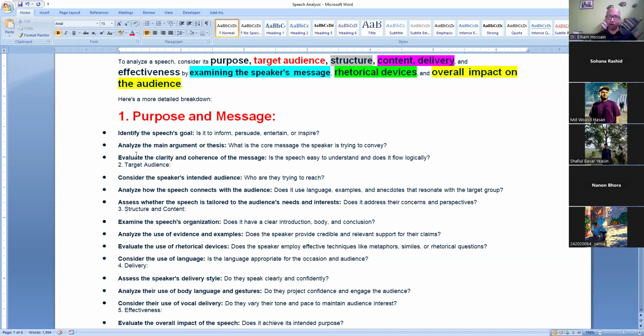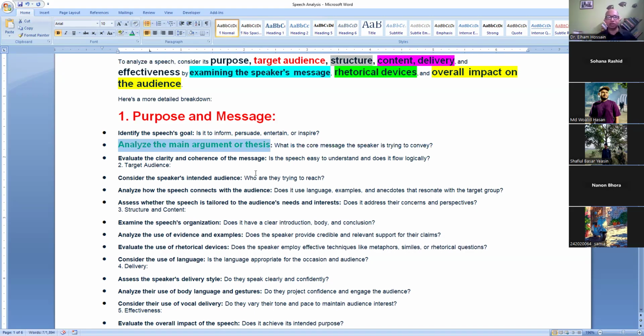Now come to the next point under the heading of purpose and message. Analyze the main argument or thesis. I think you know the thesis sentence, because in the classroom we have learned the thesis statement. In the class we have learned, for example, attention getter, thesis statement, then connectors.